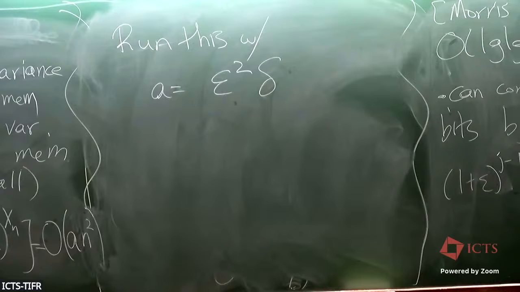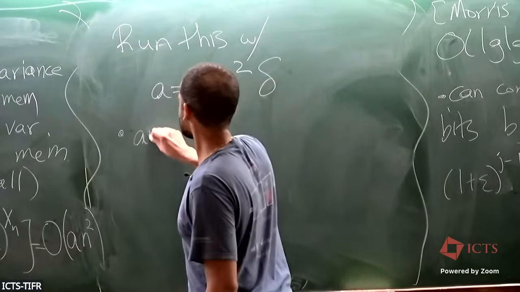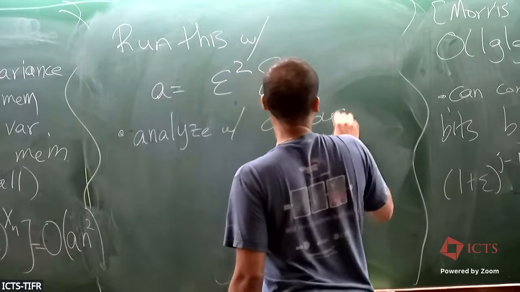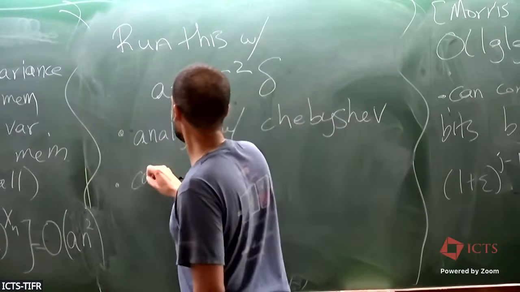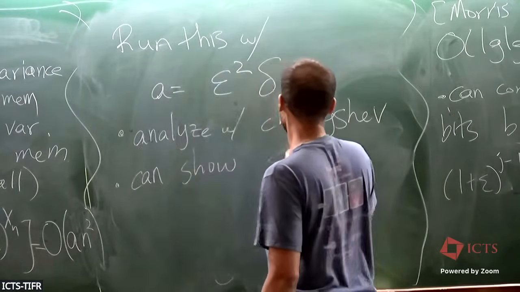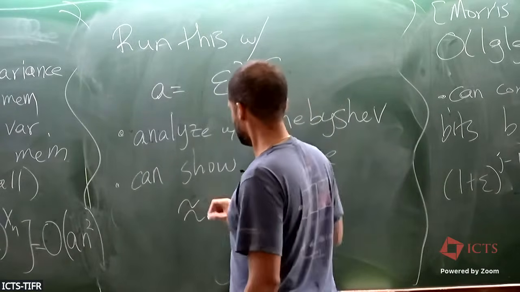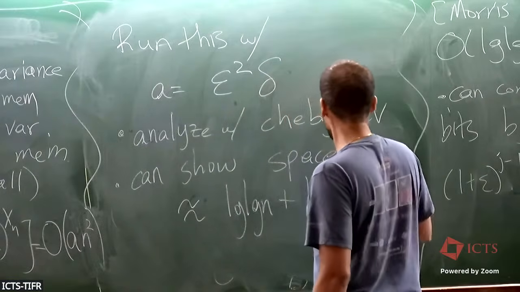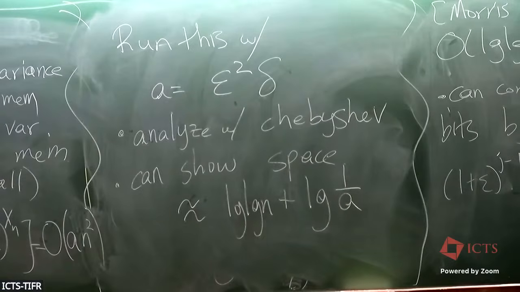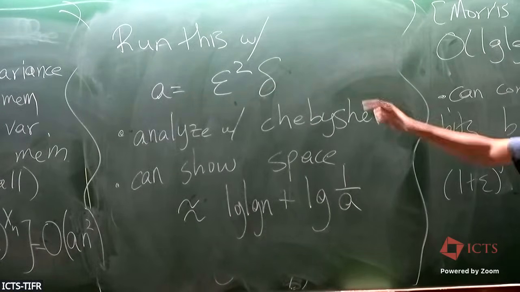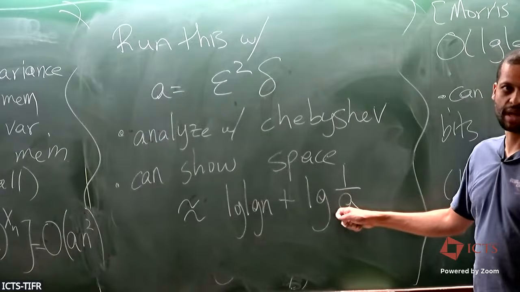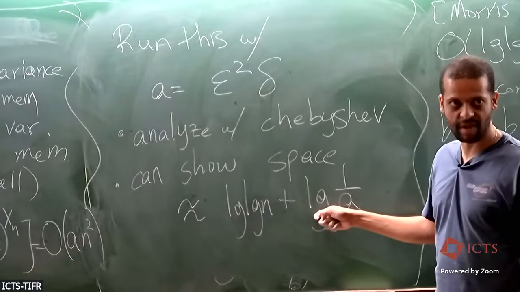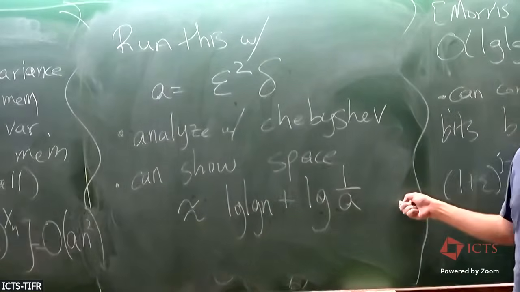And then just analyze it with Chebyshev, and you can show that the space is typically log n plus log of 1 over a. Since we chose a that way, it's basically log 1 over epsilon plus log 1 over delta. So your final memory will be log n plus log 1 over epsilon, which is what you like, plus log 1 over delta.